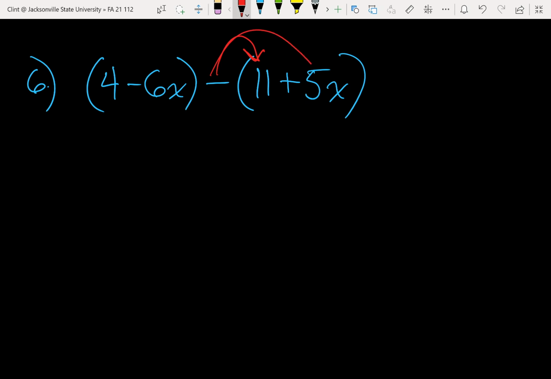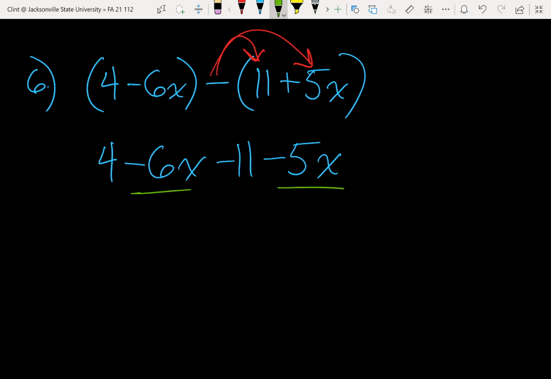So I'm going to distribute the minus sign. We don't have to have these parentheses on the first one. So that'll be minus 11 minus 5x. And I've got two x terms. Negative 6x minus 5x gives me a negative 11x.